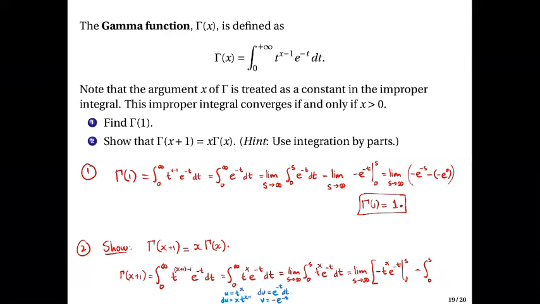And then the second guy, you will have v du, so you will have negative of x t to the x minus 1 e to the minus t dt.